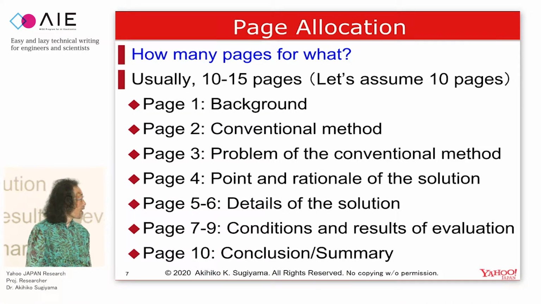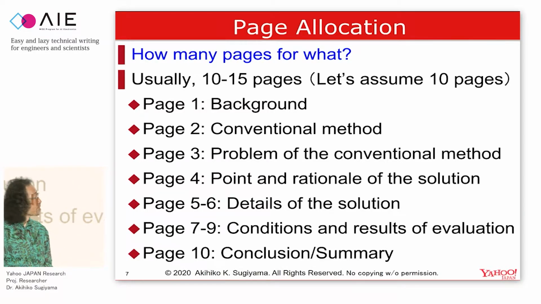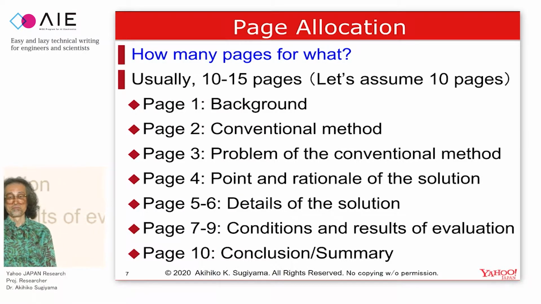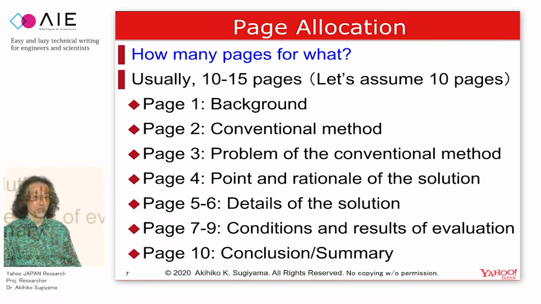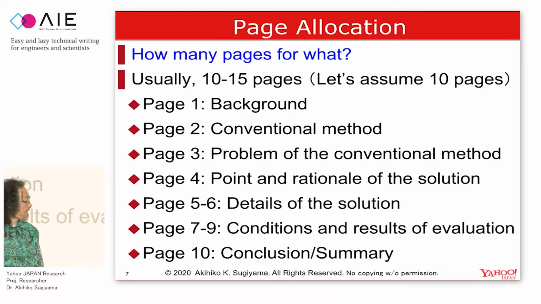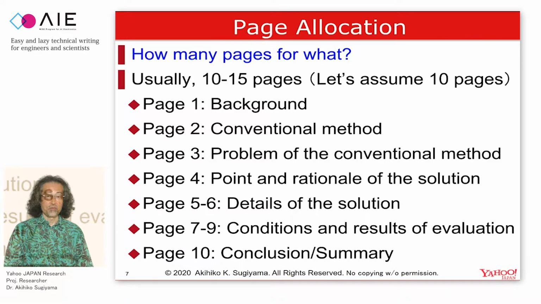On page 2, you will put the conventional method. On page 3, you will find problems of the conventional method, which is quite relevant to what you're going to present in the paper. On page 4, put the point and rationale of the solution.